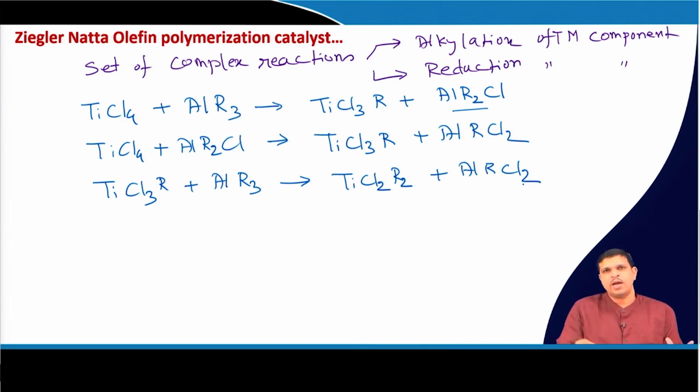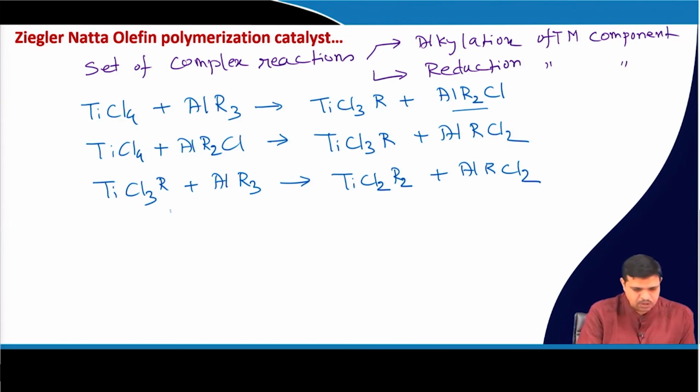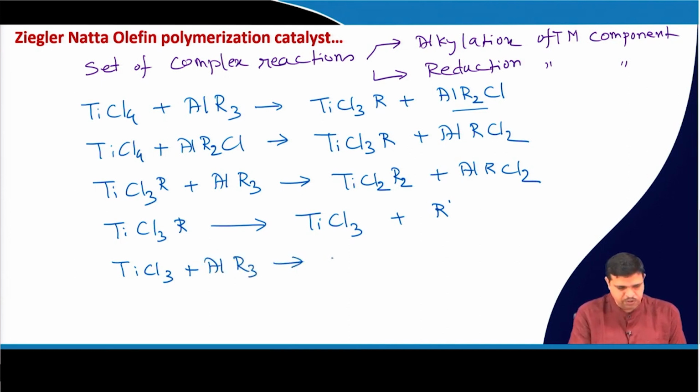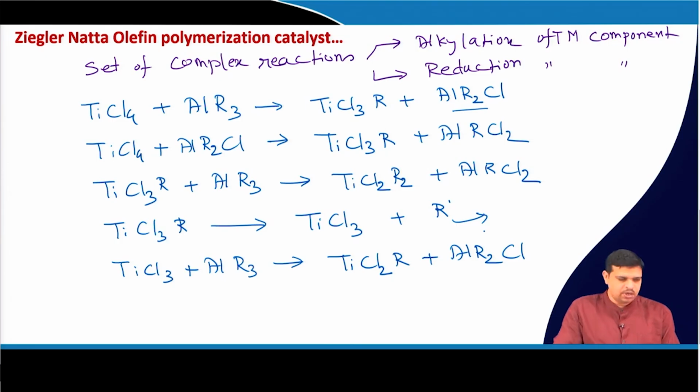These are all possible reactions and they are actually happening. Then TiCl3R is reduced, forming the R dot. Okay. And TiCl3 plus again AlR3 is forming TiCl2R plus AlR2Cl. This R can undergo recombination with R dot and form the corresponding alkyl.